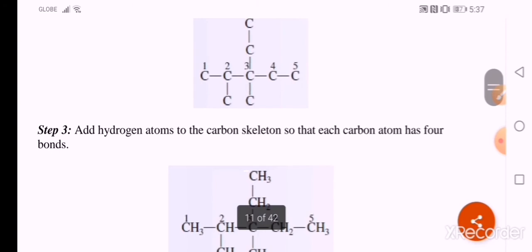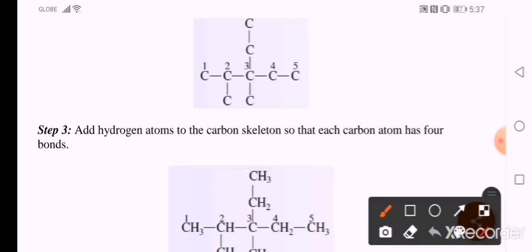Makikita dito na, si carbon number 1 ay naka-attach sa carbon number 2. Okay, with that single bond between carbon number 2, carbon number 1 lacks 3 more bonds to meet the 4 bond requirement. Kasi may existing na siyang isang single bond between carbon 2.